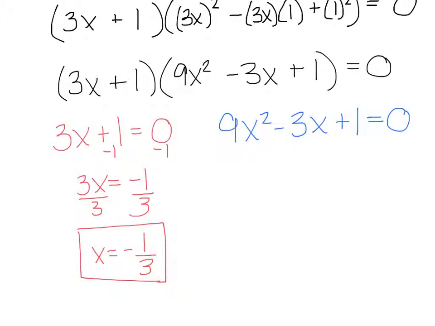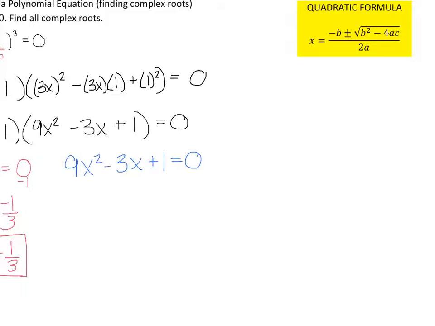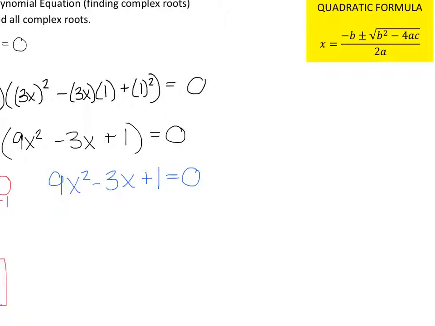For the other side, we cannot factor that because it's going to end up with imaginary numbers, and factoring does not give us those. So we have to use the quadratic formula that's up in this corner. Do you remember that? Okay, so you've done this before. We just are using it for what we're doing today. So we'll have x equals, we have a new a, b, and c. This is a, this is b, and this is c.